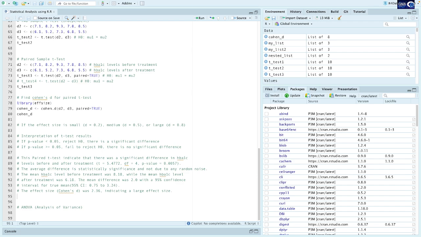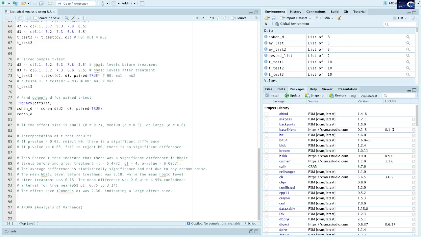Okay, perfect. Then that is about the three major test cases we use for testing a hypothesis in data analysis. Now we will move on to regression analysis.